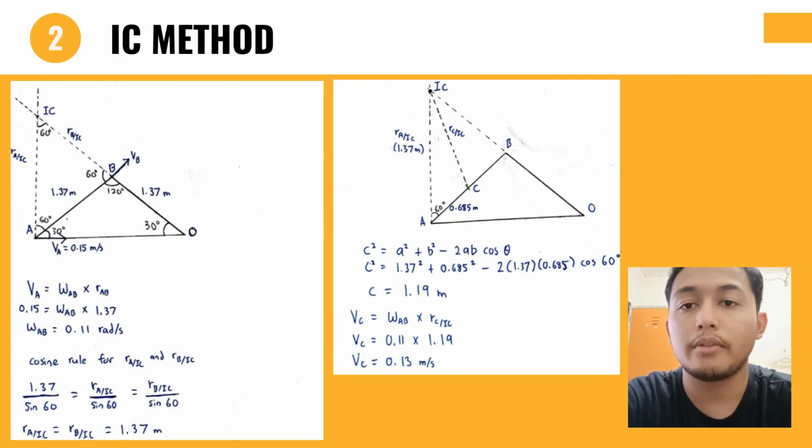After that we make a new IC to find the midpoint of points A and B, which we call point C. To find this midpoint, we use the formula C squared equals A squared plus B squared minus 2AB cos theta.